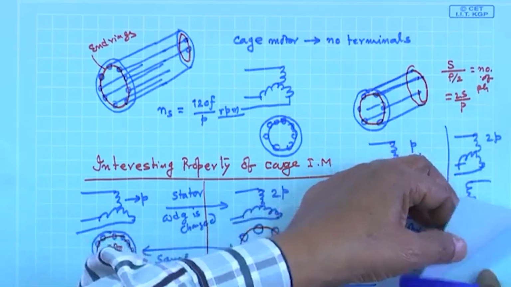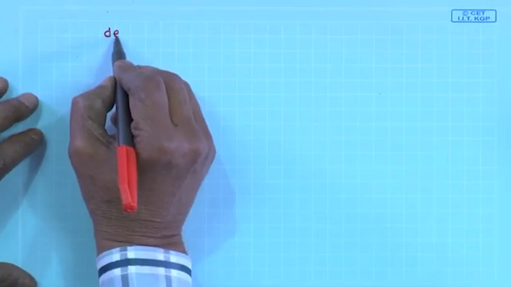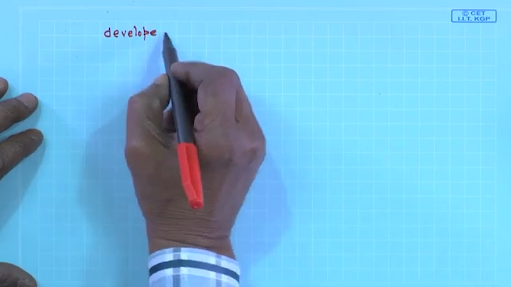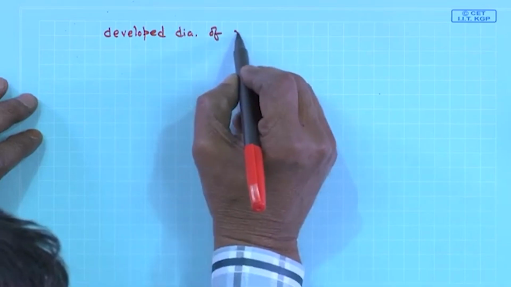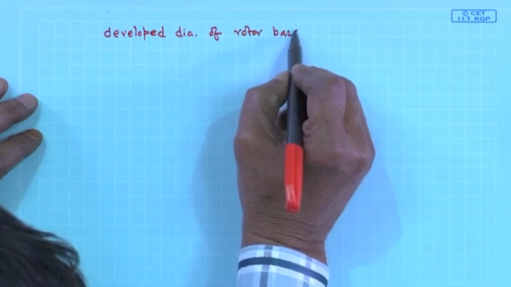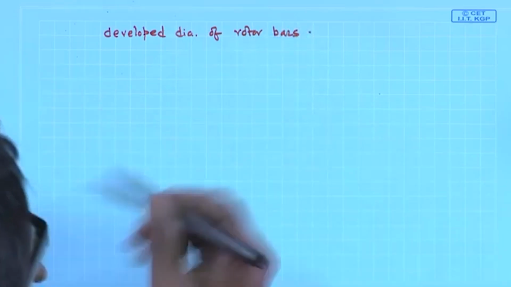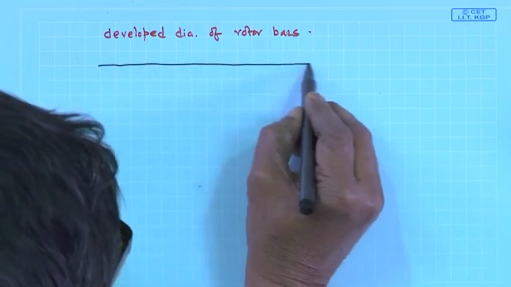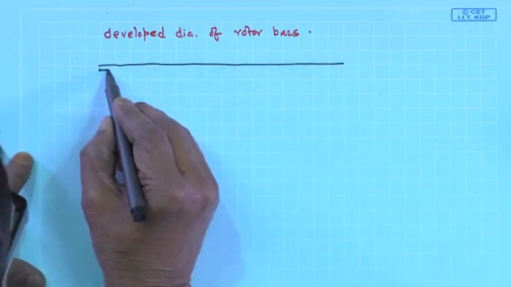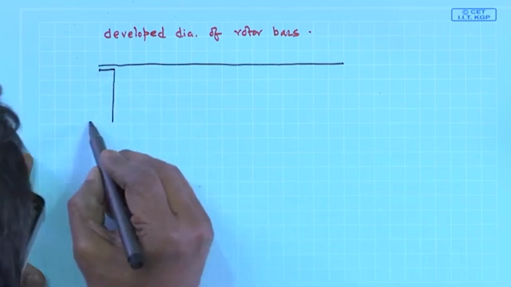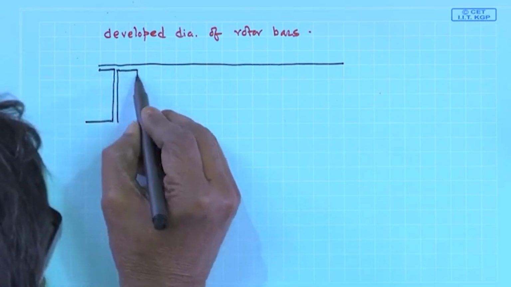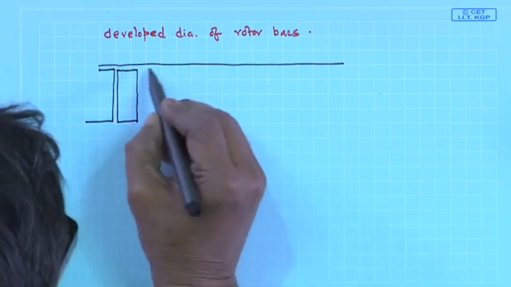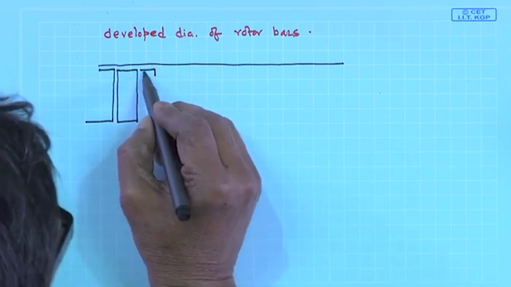It is because, if you draw the developed diagram of the cage bar, it will be like this. Let me draw a few at least.